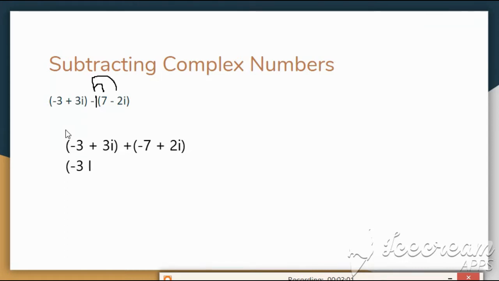So we would combine -3 and -7, and also combine the imaginary terms 3i and 2i. And so in the end our answer would be -10 plus 5i. So now we will move on to a more complex but easy to understand multiplying and dividing.